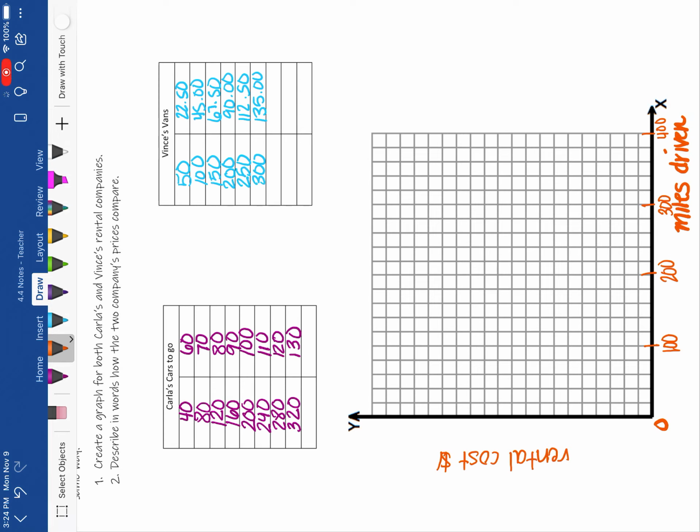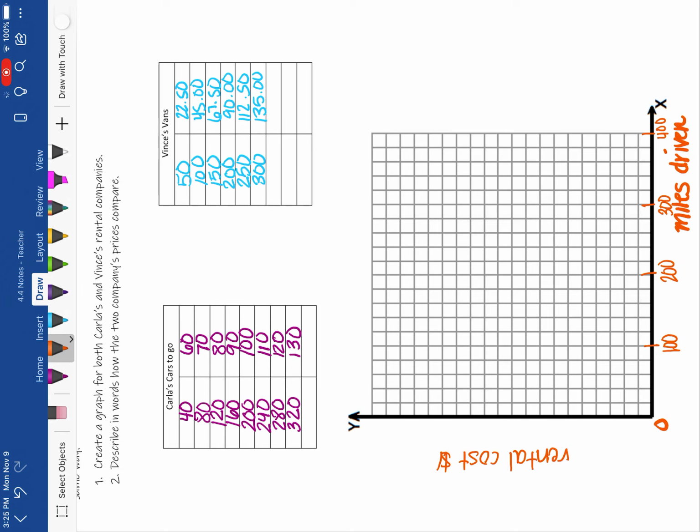And then on the y-axis, it looks like they counted by tens. And I think that we can probably do that as well. Yeah, let's go ahead and do that. So we're gonna count by tens.